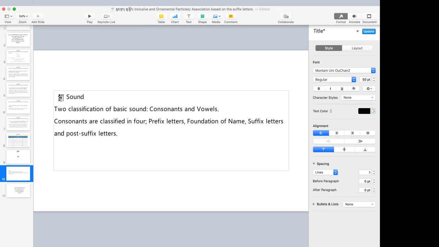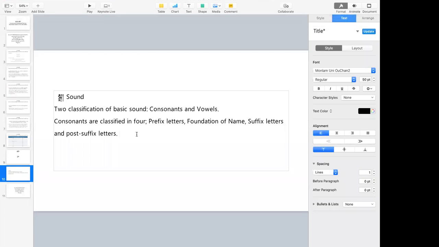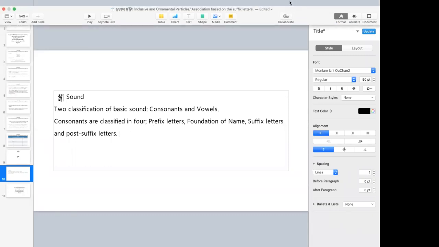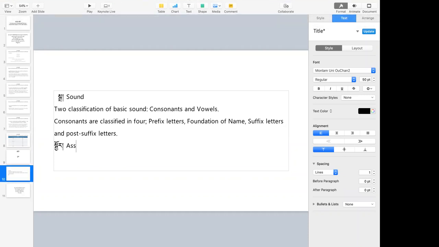So the association, which is the word jor. Since we have the word dajor, it means association and sound. But the actual meaning becomes association based on the sound, but not any sound.